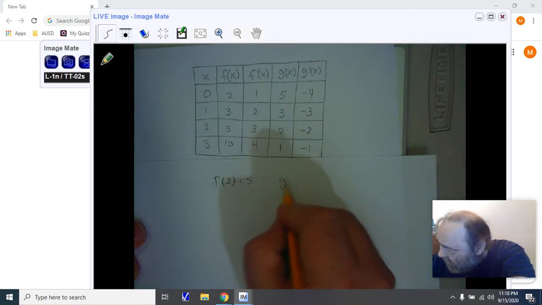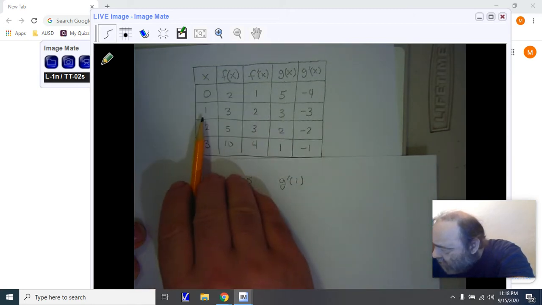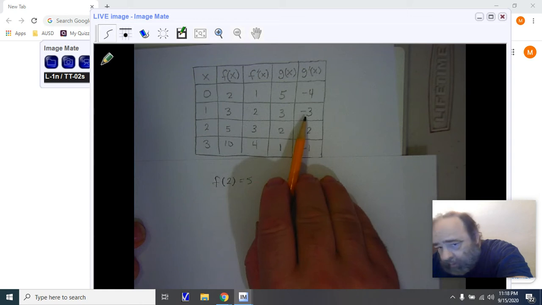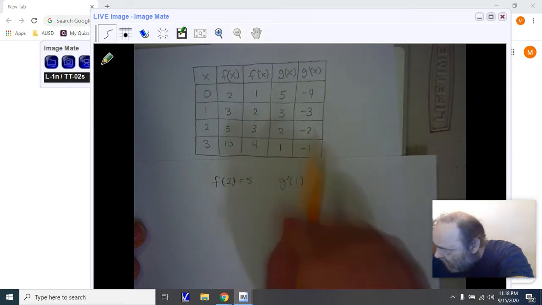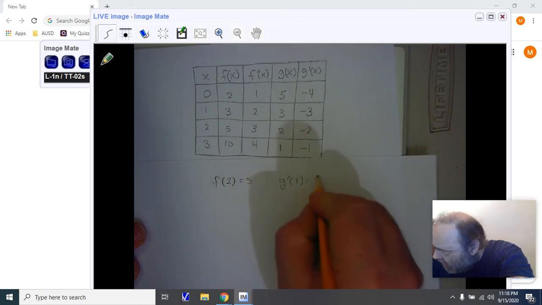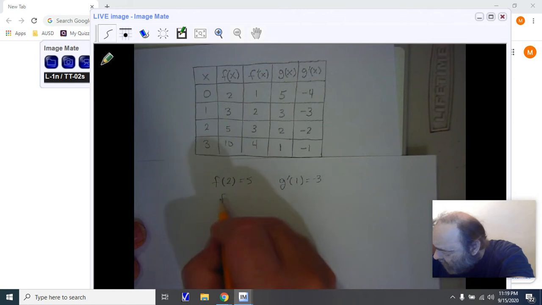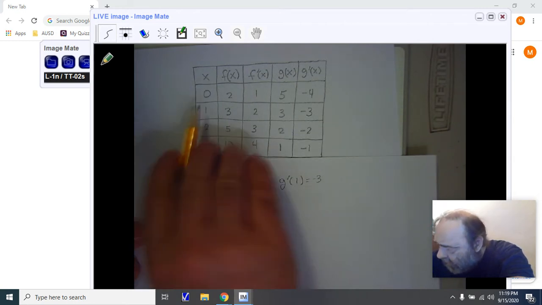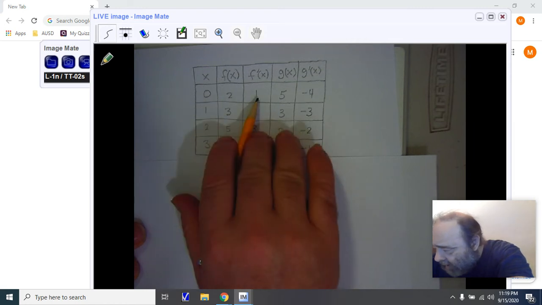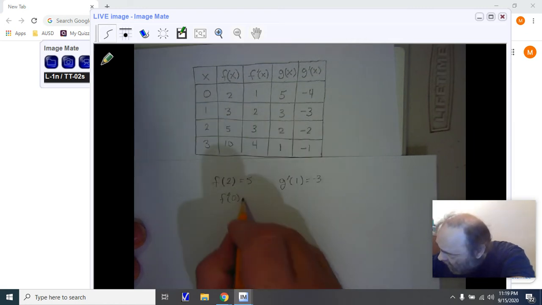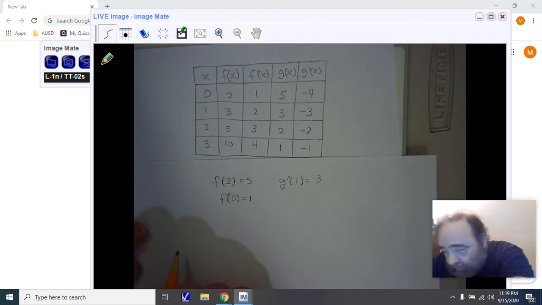If I want g prime of 1, I find 1, I go to g prime, and I get -3. If I want f prime of 0, find 0, go to f prime, and you get 1.